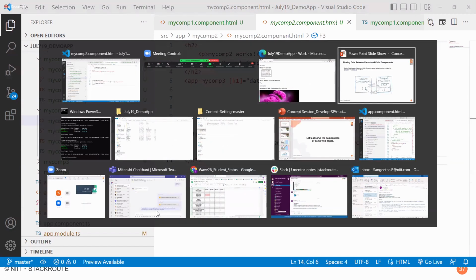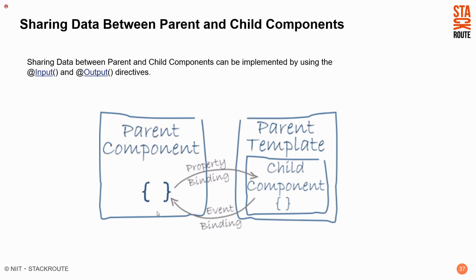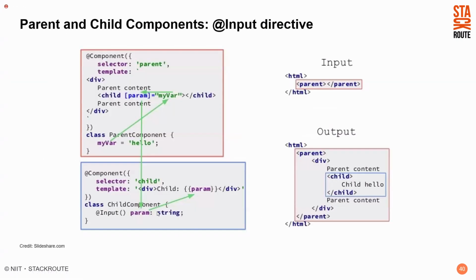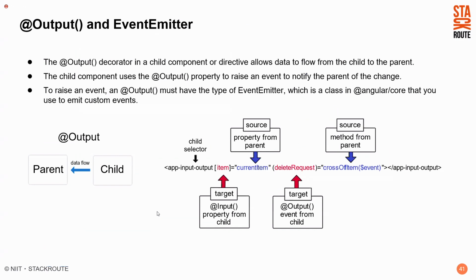Right. Sharing data between parent and child via input and output directives. So what is the difference between item and delete request? You can try this. What is this item?